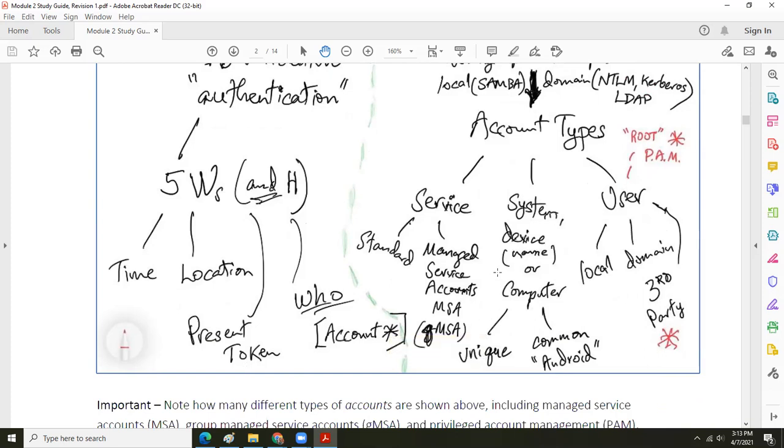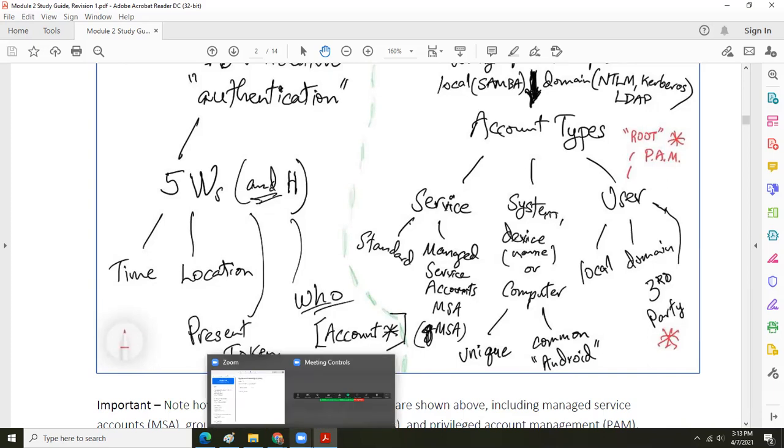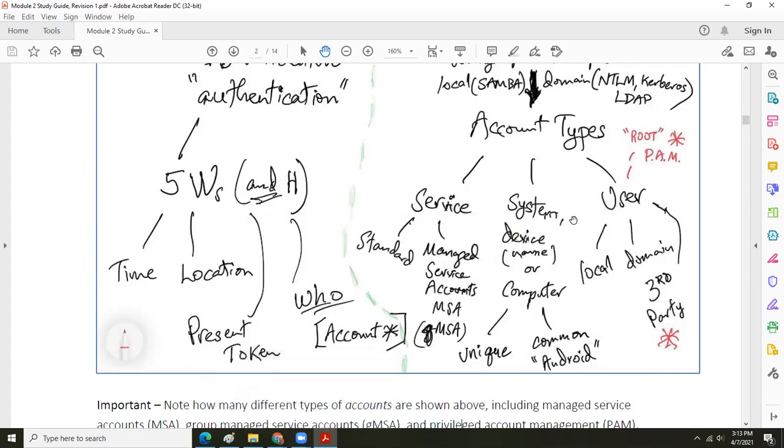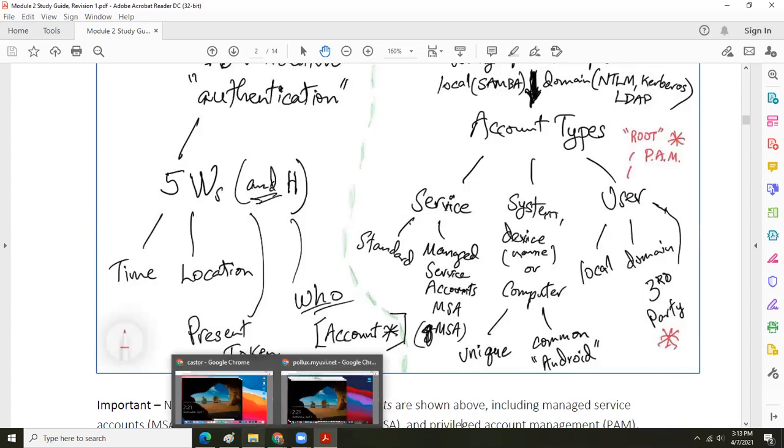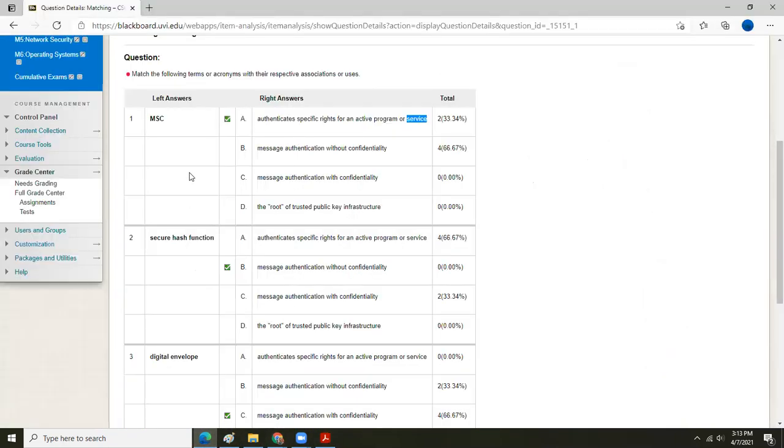So when a managed service account is used, it's basically authenticating the rights assigned for that particular service. So are there any questions about this one clarification right here? Again, my apologies, that doesn't say an A. We'll probably just give everybody credit for this item.